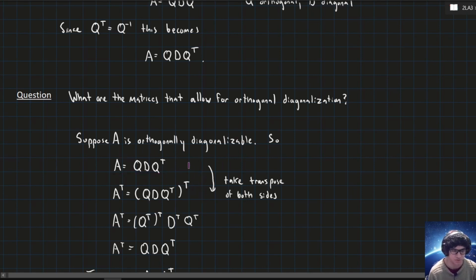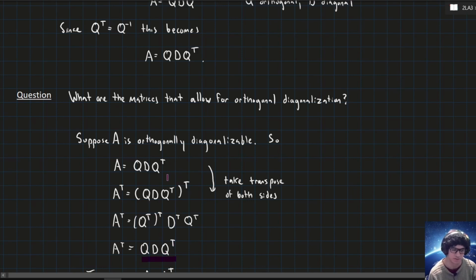Now let's try taking the transpose of both sides. We take the transpose of A, and the transpose of the right-hand side. Then we use the properties of transpose: we flip the order and apply the transpose to each factor. The Q transpose transpose cancels, and so we get Q D Q transpose.